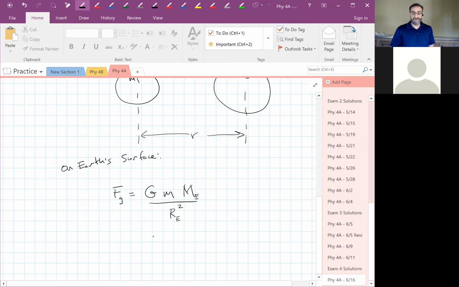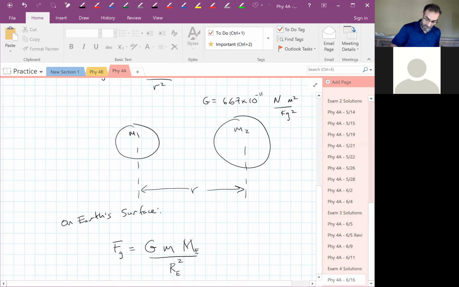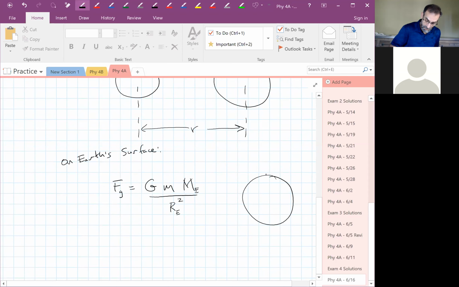If we have some object here, that object is probably pretty small compared to the radius of the Earth, right? So they're the radius of the Earth apart.